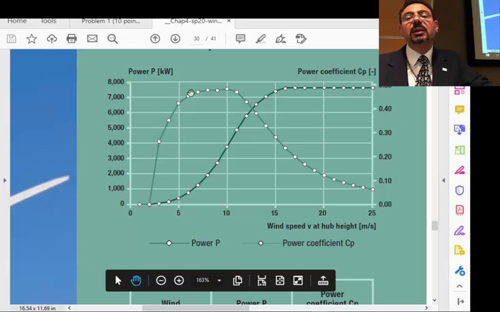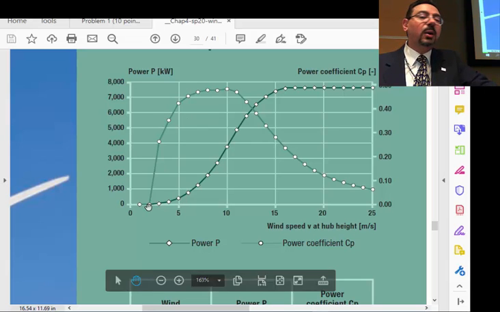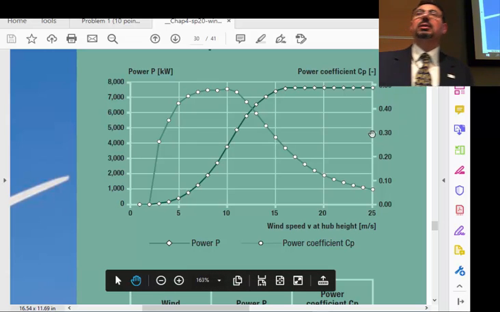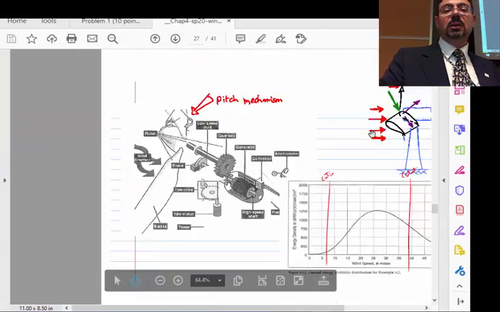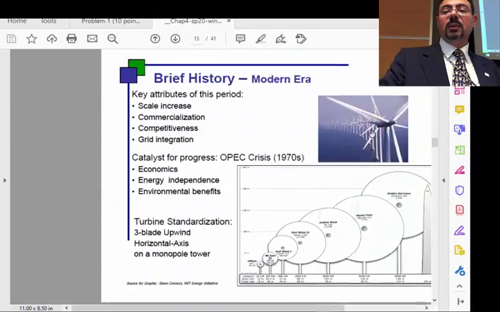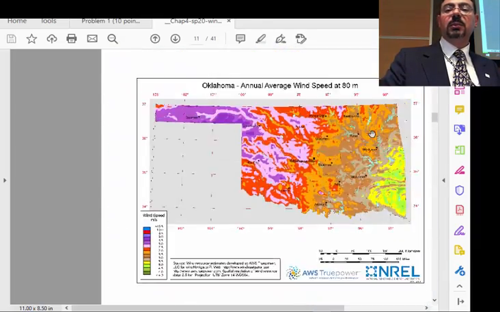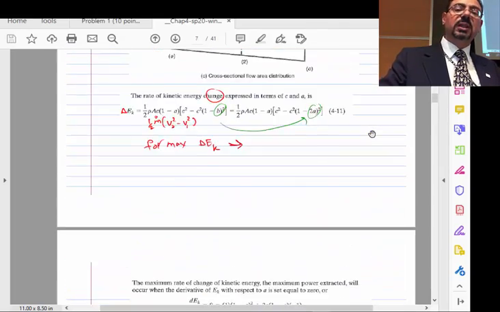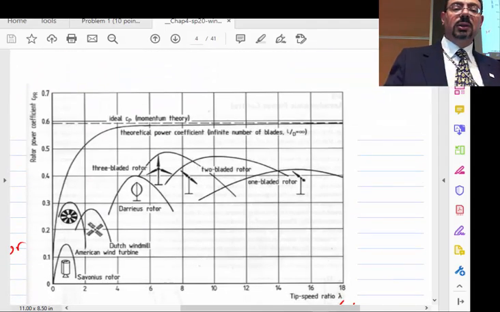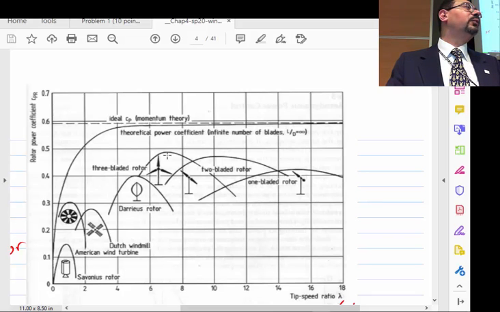The CP is 0. This is the CP. So the CP is 0 when you don't have power, and as the power starts to ramp up, the CP will rise very quickly to hit what? What is the scale? 0.49. Remember the chart we had at the beginning of the course? You will hit this point, the 0.49, for 3 blades. That's below the 0.59 limit.